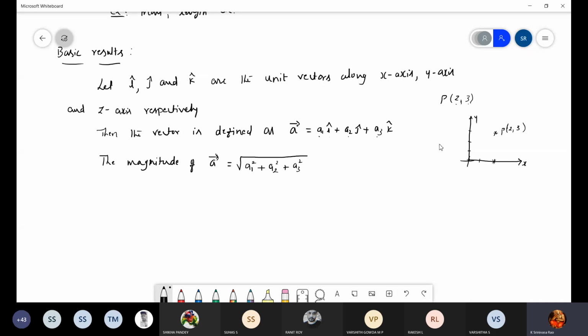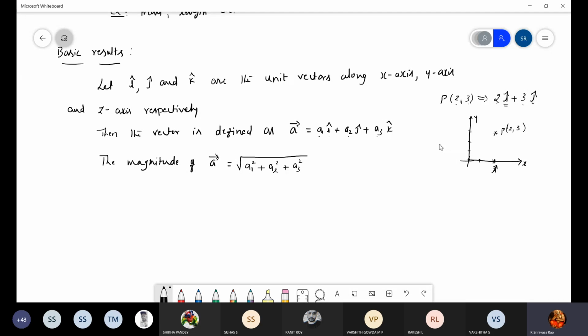The same 2, 3, I will write in vector form: 2i cap plus 3j cap. This is also the same. 2 is a quantity, and the cap shows the direction. i cap is a unit vector along the x-axis, so along the x-axis you mark 2 units, and j cap is along the y-axis, so you mark 3 units.